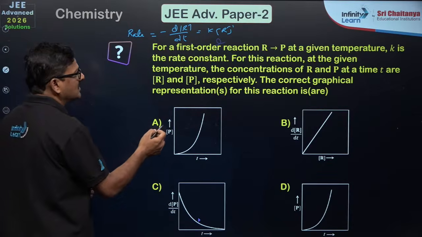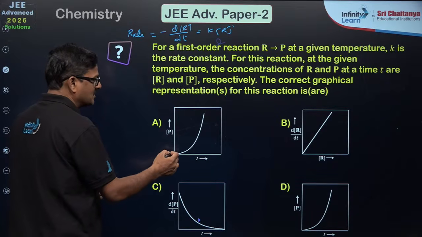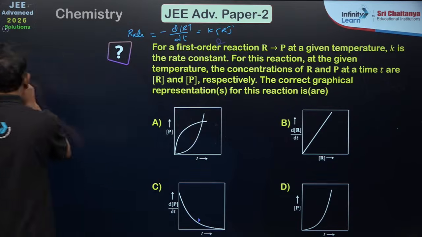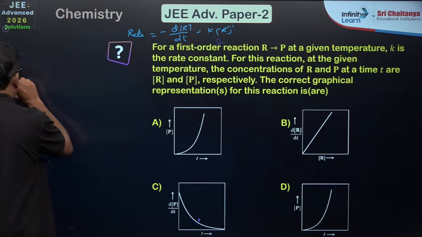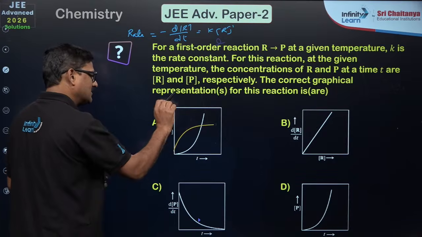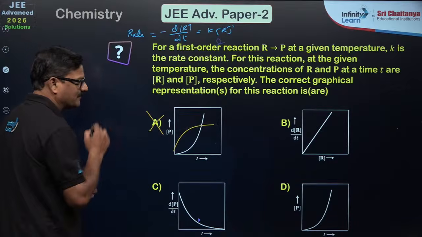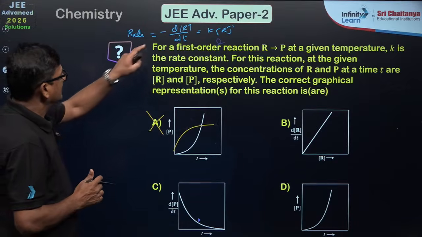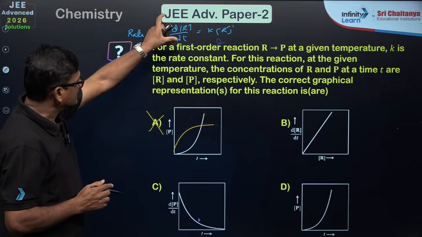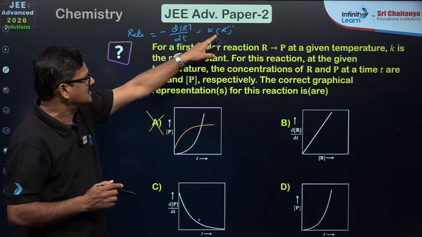The concentration of the product is going to be exponentially increased like this, but not like this, concave. It is not correct. And the magnitude of dR by dt is equal to k times the reactant concentration.